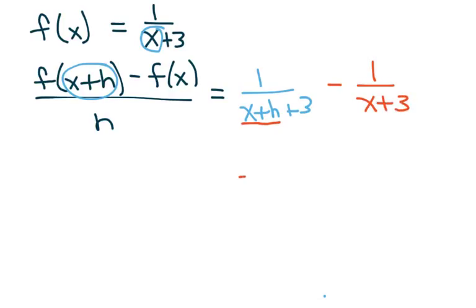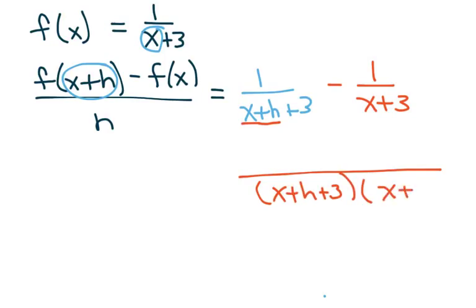Our common denominator is x plus h plus 3. And then we're going to ask ourselves what times our old denominator gives us the new one. And it's x plus 3. So this times 1 is x plus 3.